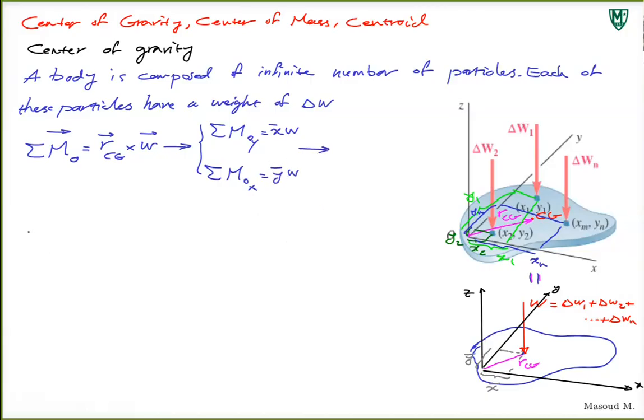If I expand these two, here is what you get. These all come from this first equation. If you write everything in vector form, knowing where your center of gravity is and where each particle is, we get to this point.